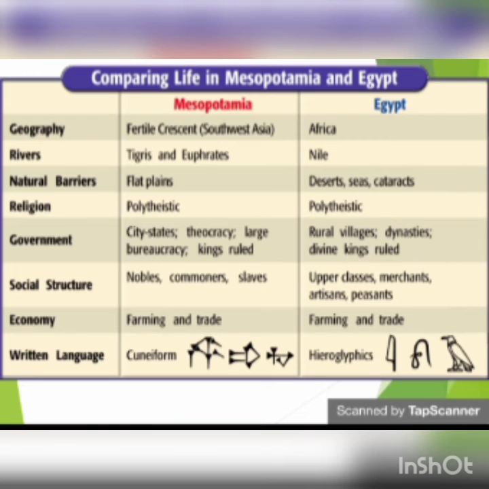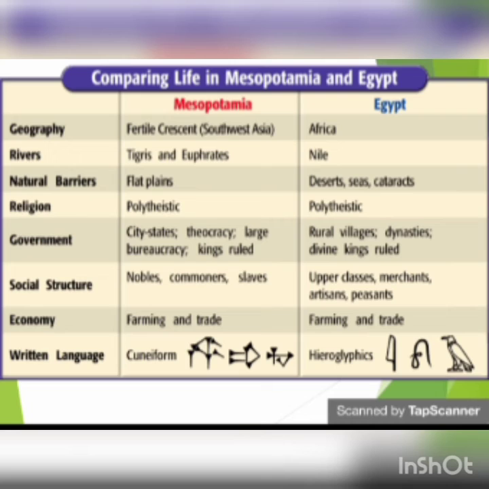So let us compare the lives in Mesopotamia and Egypt. Regarding geography, the Fertile Crescent, that is Mesopotamia, was in Southwest Asia, and Egypt is in the African continent.